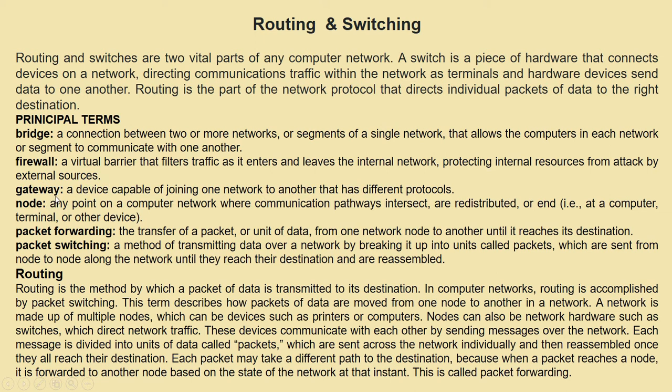Then gateway: a device capable of joining one network to another that has different protocols. Then node: any point on a computer network where communication pathways intersect, are redistributed or end.